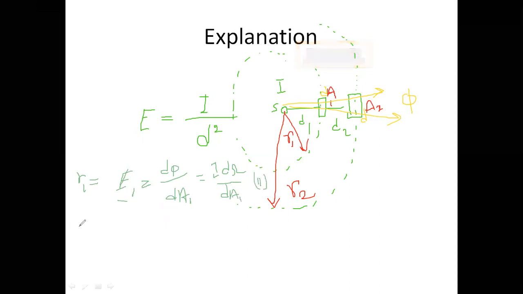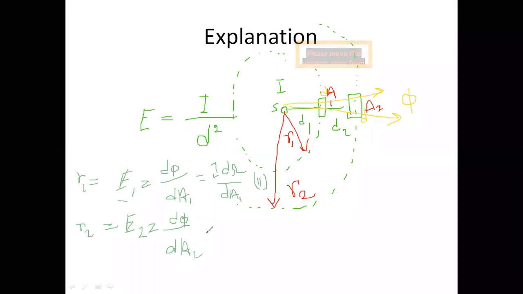Okay, then in the same way, the illuminance at the distance R2, E2, equals d phi divided by dA2.